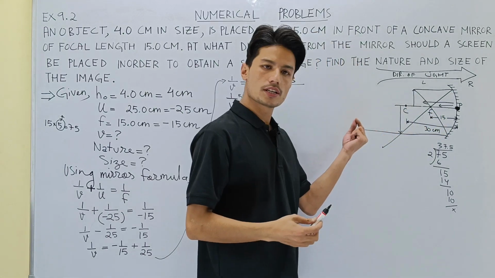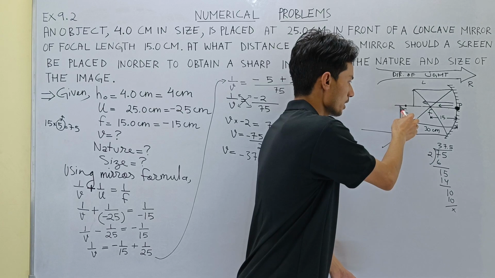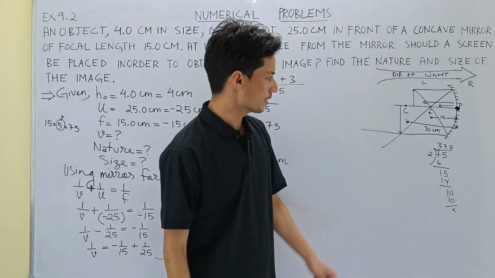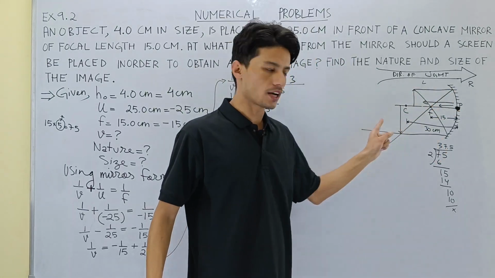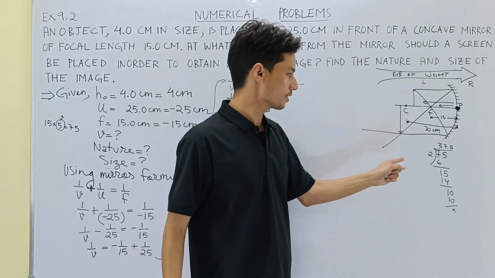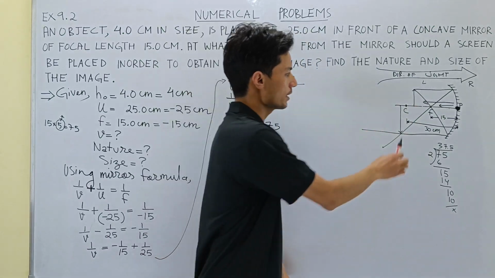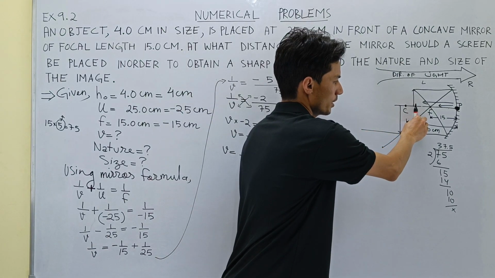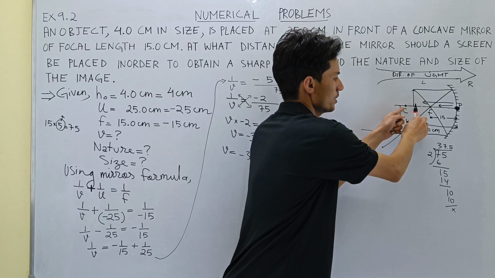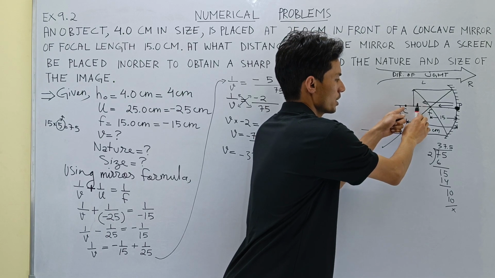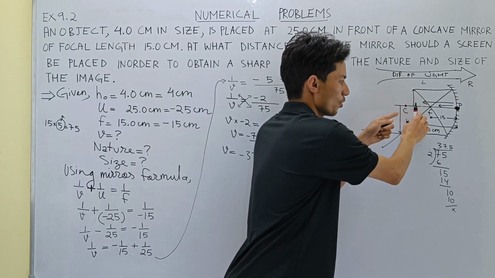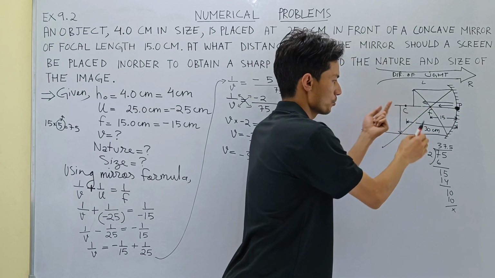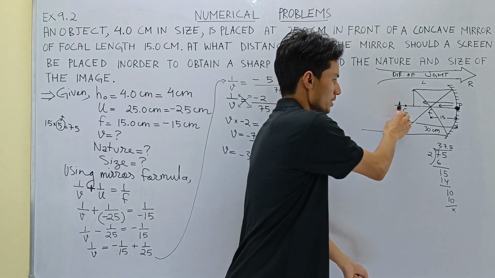So this is the correct position. The ray diagram also justifies the answer, so the value is correct. If you are getting the image here, then it is wrong. If you get the image here, that means it's between C and F, which is below 30. So that would be a wrong image. It should be more than 30. So getting this answer is correct.